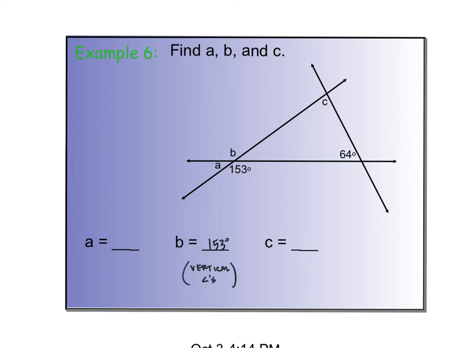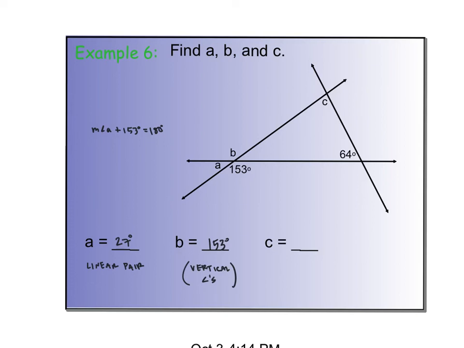Okay, A is going to equal 27 degrees, and that's using this idea of a linear pair or supplementary angles, right? So I could say that the measure of angle A plus 153 is equal to 180, yeah? So then I would subtract and find the measure of angle A.